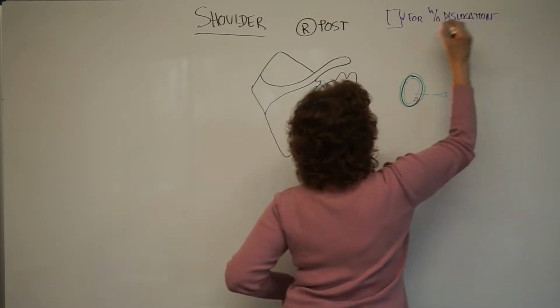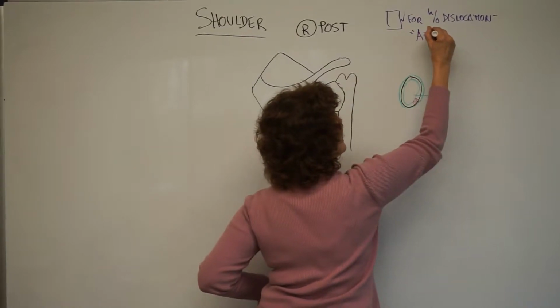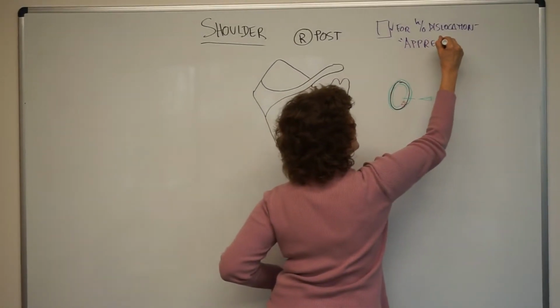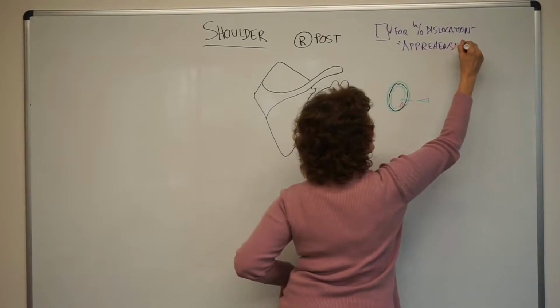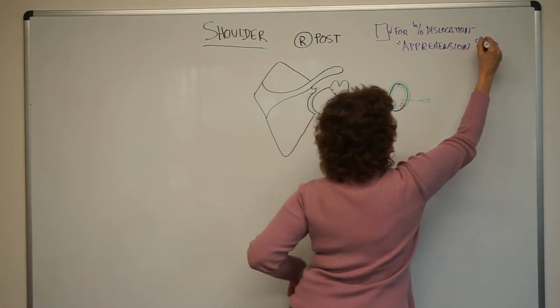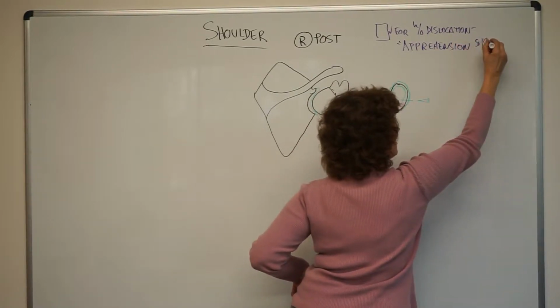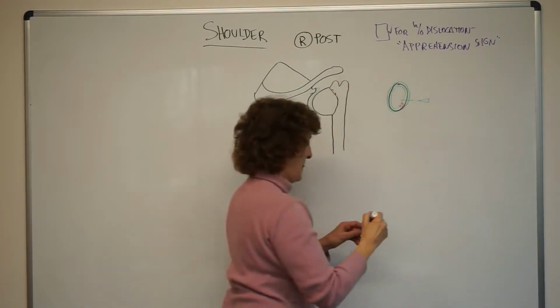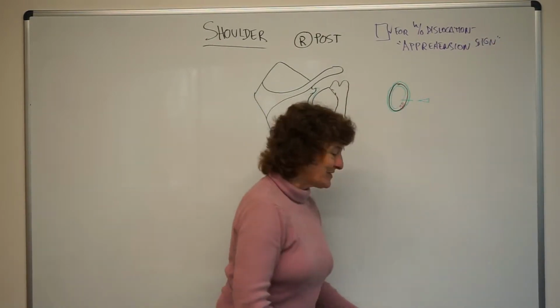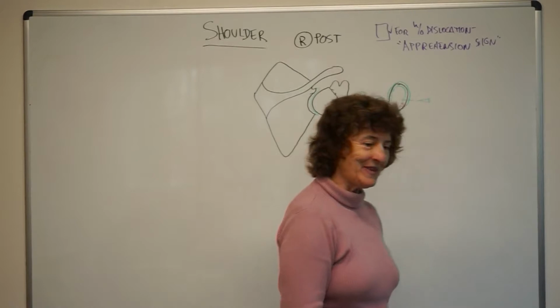That's the purpose of the test, and it's to look for the apprehension sign as we put them in a position that could dislocate if they've had a history of that. So I'll demonstrate that to you.